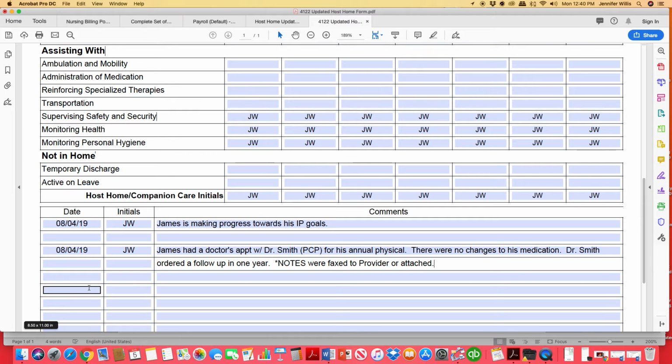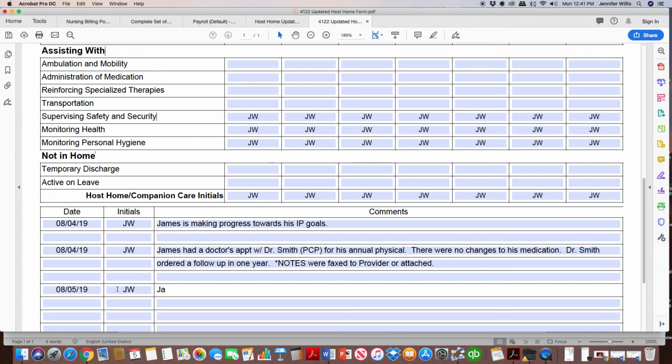Then you can put your notes again. We want detailed notes, but they don't have to be long notes. Less is more sometimes in this situation. So I'll just give myself one more. James has made progress in making his bed, because say maybe his goal for host home is that he wants to learn to make his bed independently. So James has made progress in making his bed.